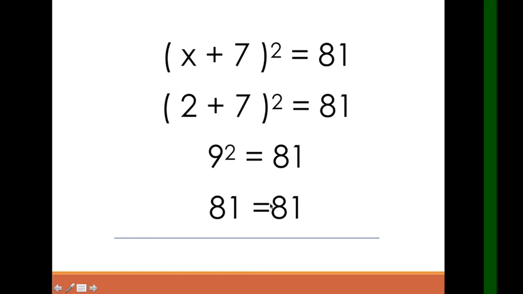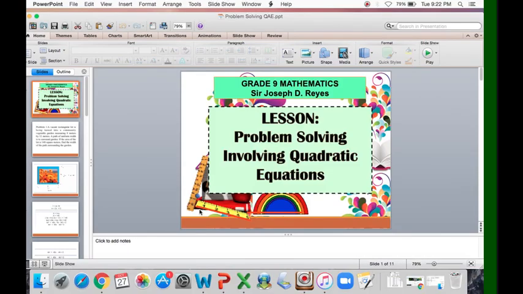So since it is the same with the given area, the total area of the square with the added 7, we have the correct answer for this particular example. So that's all about the problem solving involving quadratic equation. With that, thank you very much for listening.